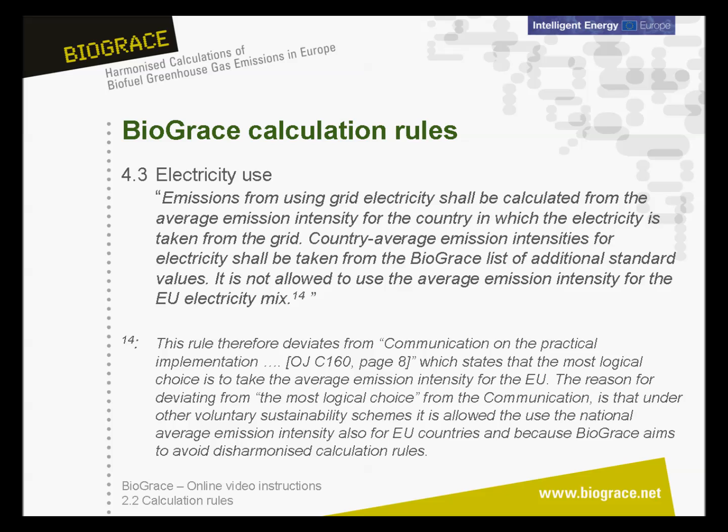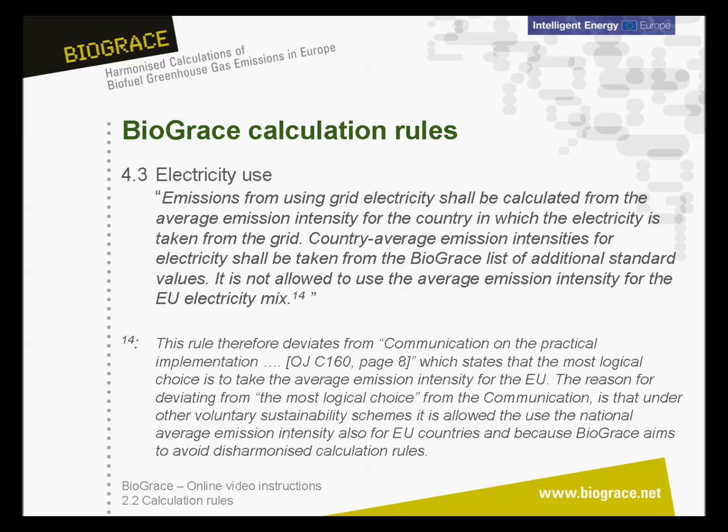The BioGrace calculation rule states that, when making an actual calculation, emissions from using grid electricity shall be calculated from the average emission intensity for the country in which the electricity is taken from the grid. Country average emission intensities for electricity shall be taken from the BioGrace list of additional standard values.